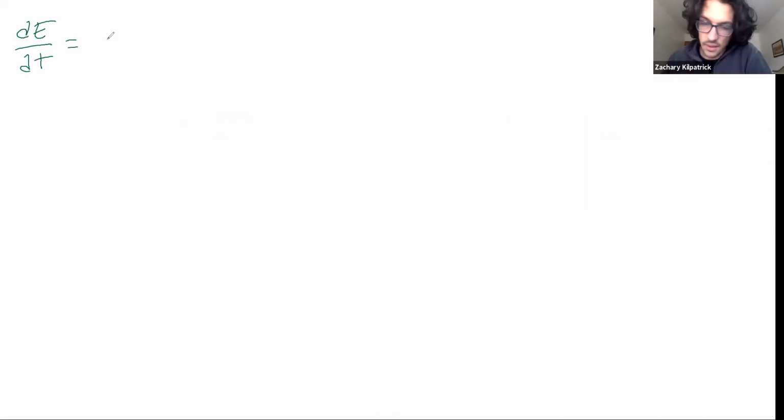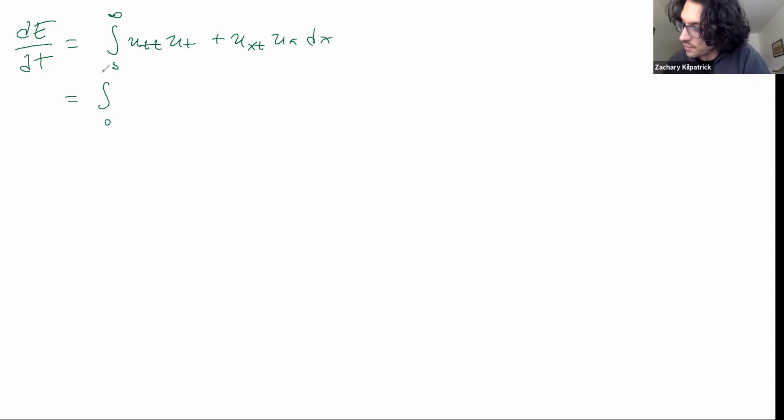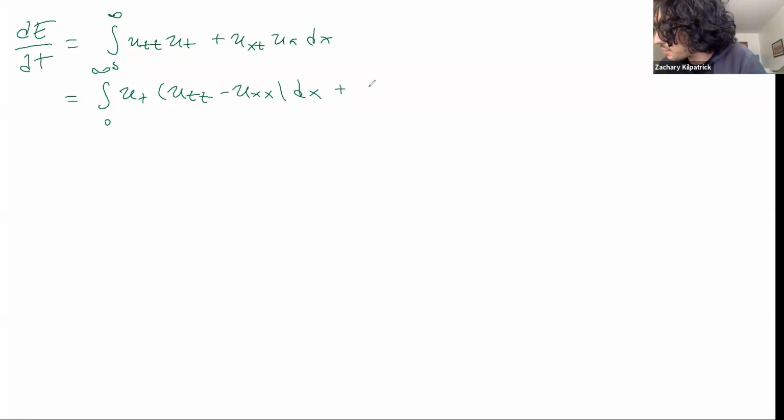d/dt, and this is the route that you take towards proving uniqueness, is going to be the integral of u_t u_t plus u_x u_xt dx. And this is equal to the integral from 0 to infinity of u_t (u_t minus u_xx) dx, if I do the integration by parts, plus u_t u_x evaluated from 0 to infinity.